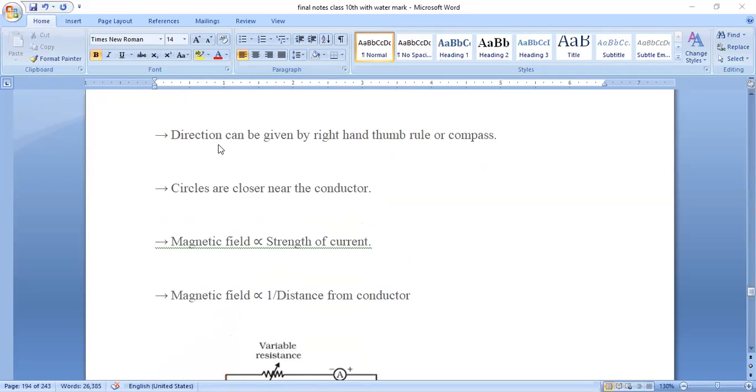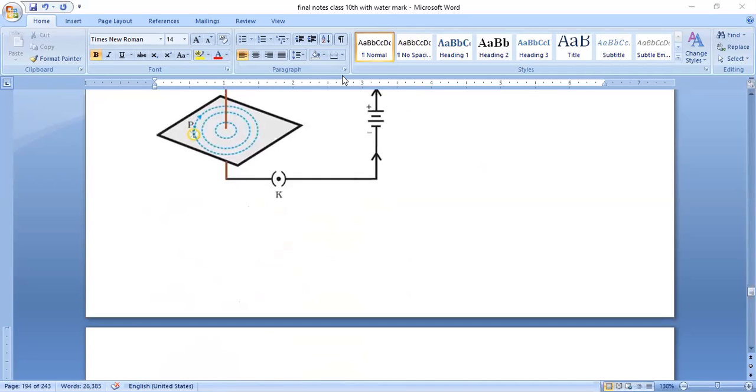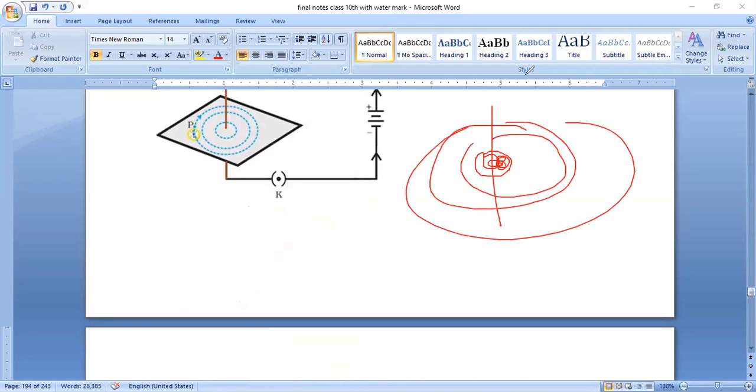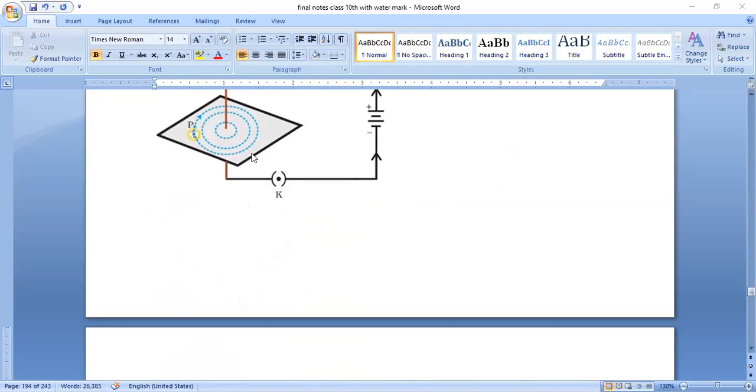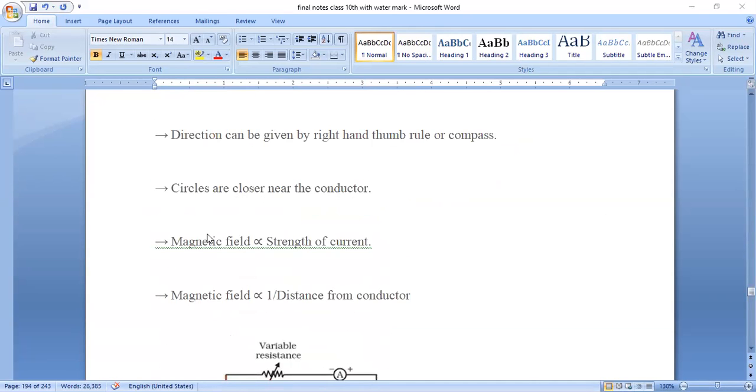So the third point is circles are closer near the conductor. See, these circles are closer near the conductor. When you go away from the conductor, they have much more distance between each other.